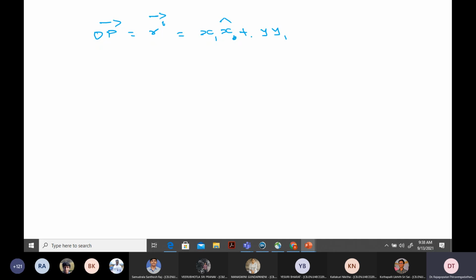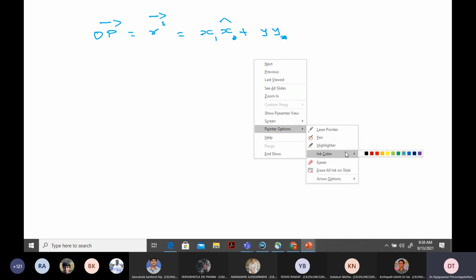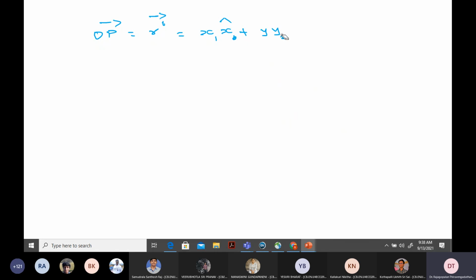Because this is a Cartesian coordinate system, I simply remove the subscript in the unit vectors, because in the Cartesian coordinate system the unit vectors have the same direction everywhere: x hat along the x-axis, y hat along the y-axis, z hat along the z-axis. So I need not worry about that, and I need to delete that over here.